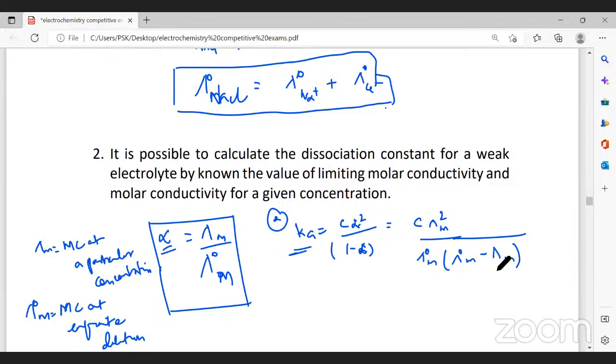Sir, the molar conductivity at infinite dilution, sir. Yes, lambda naught m is molar conductivity at infinite dilution. And lambda m is? Sir, it's at a particular concentration, sir. Yes, molar conductivity at a particular concentration.